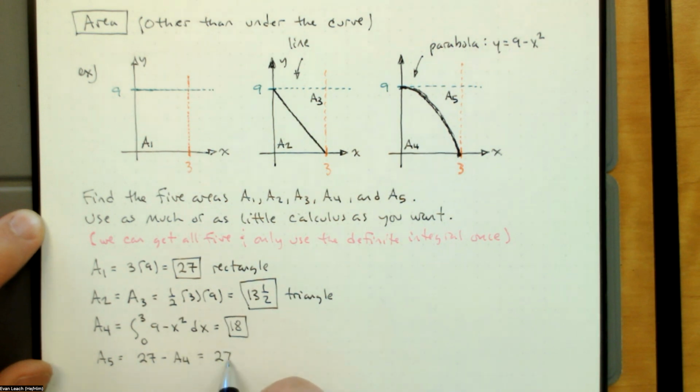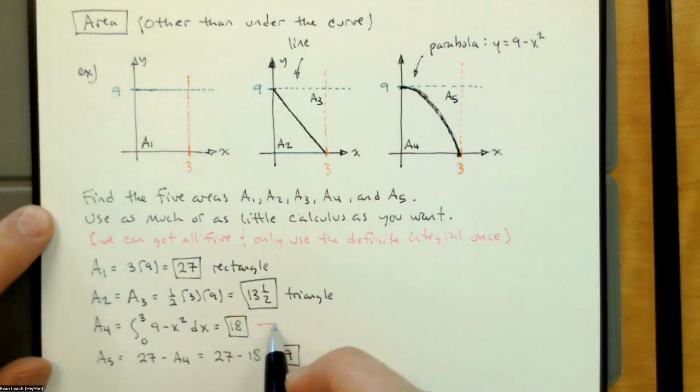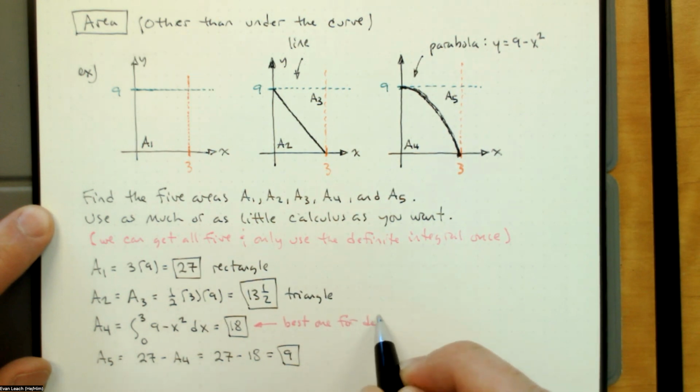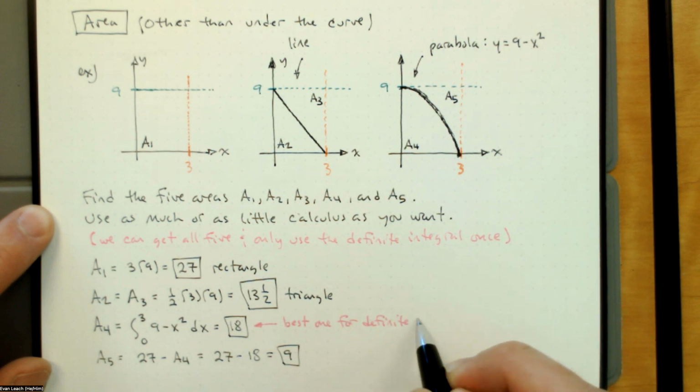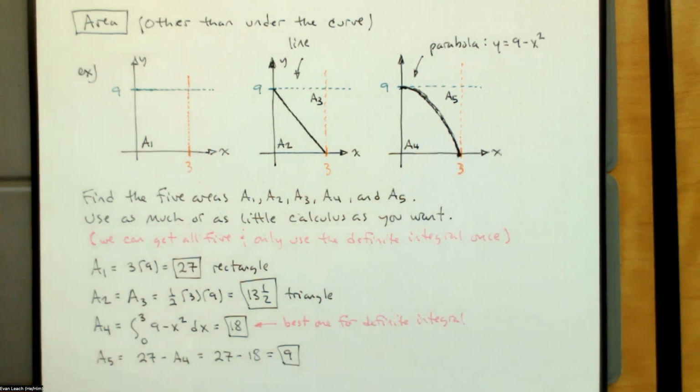So 27 minus 18, that gives us 9. So here's the one that would be the best one for a definite integral. And then A5 we can just get by subtraction since we've already got A4.